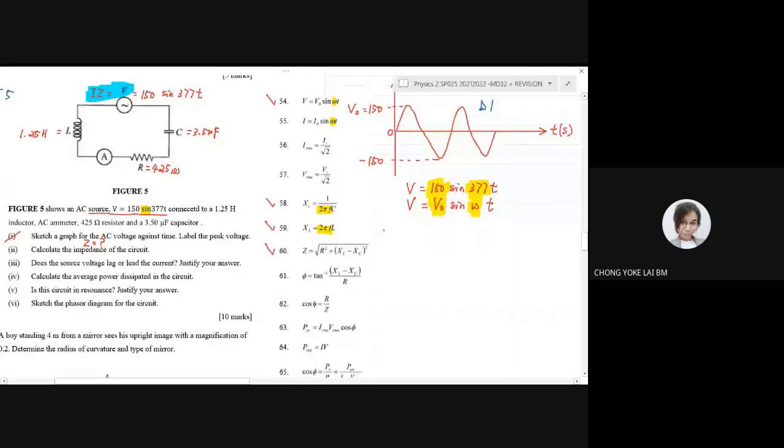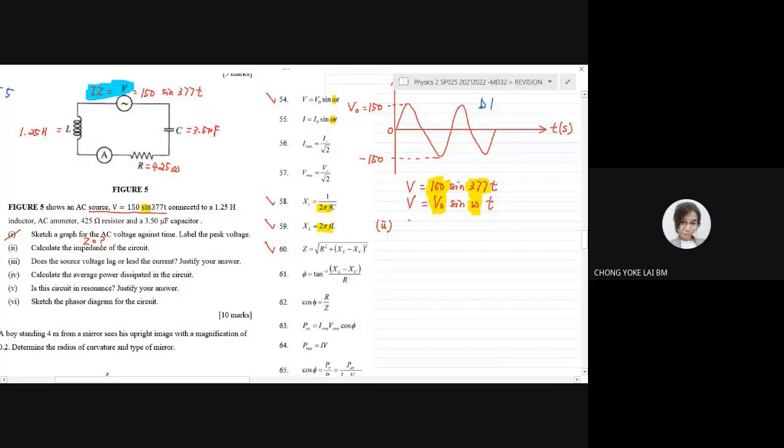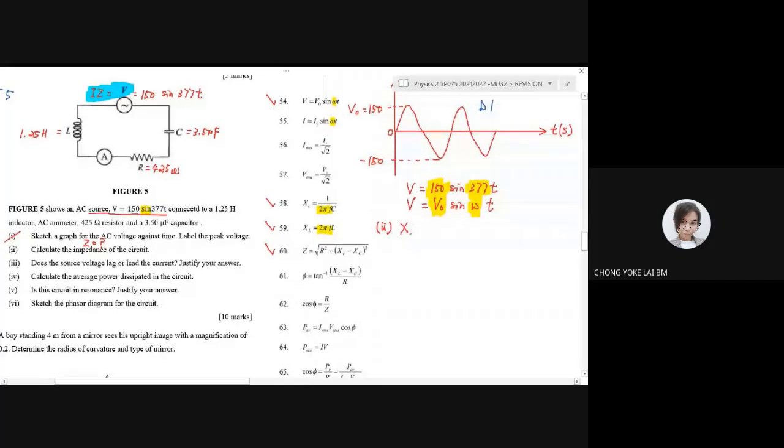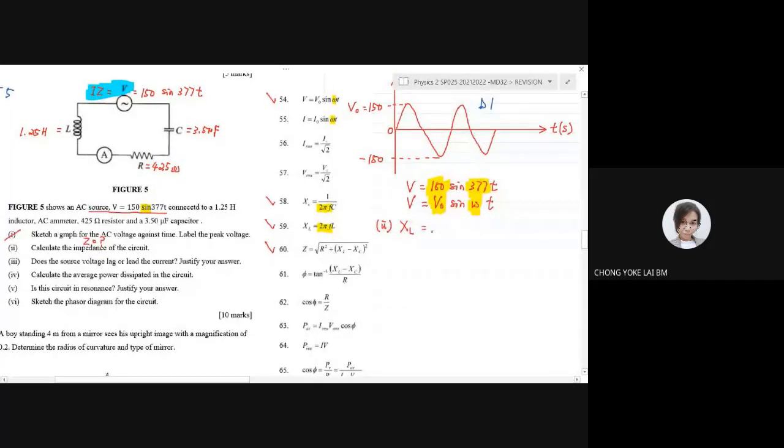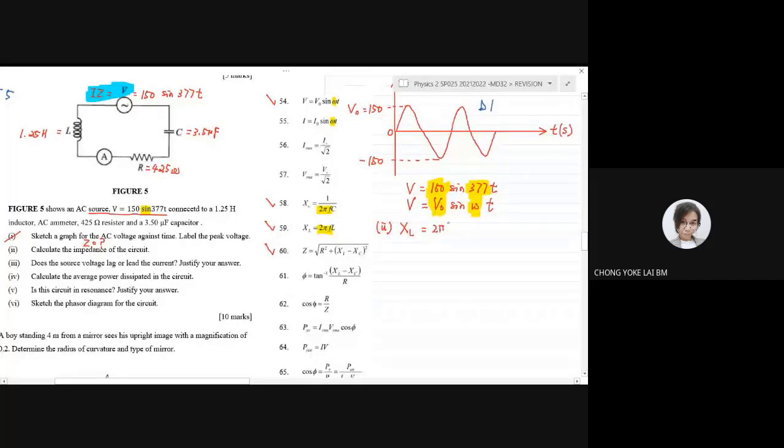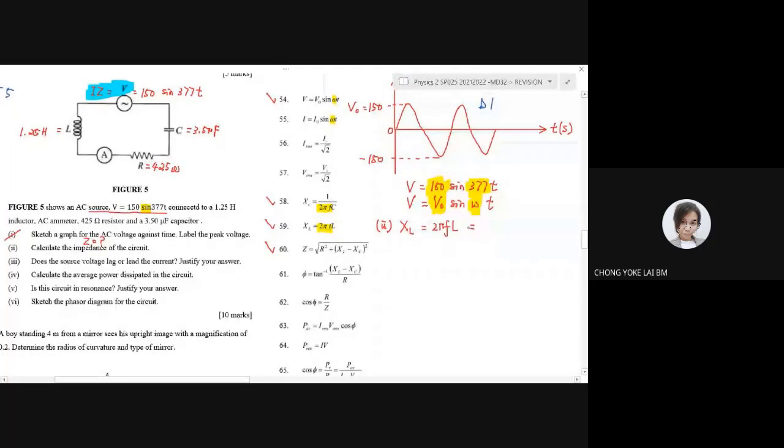So untuk kira impedance, kita akan kirakan nilai XL dulu dan juga XC. So keluarkan formula 2 pi fL. We understood 2 pi f is omega. So we have omega L. Omega can read from the equation given, 377.